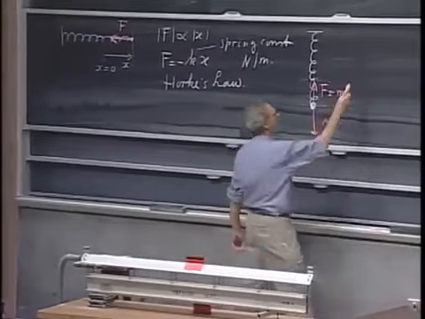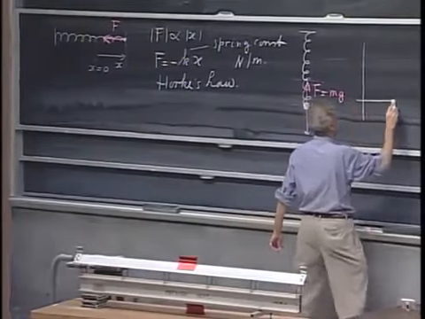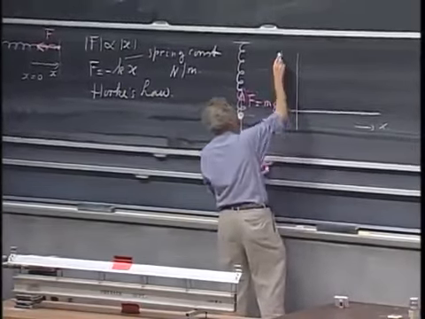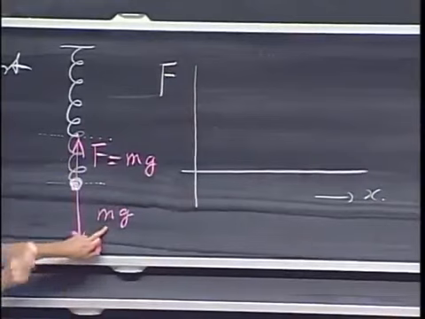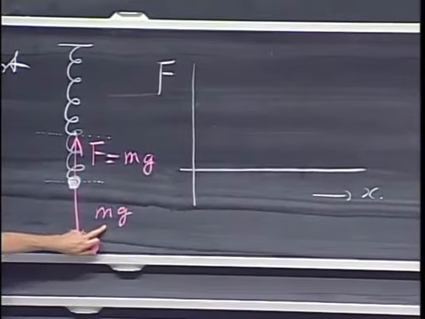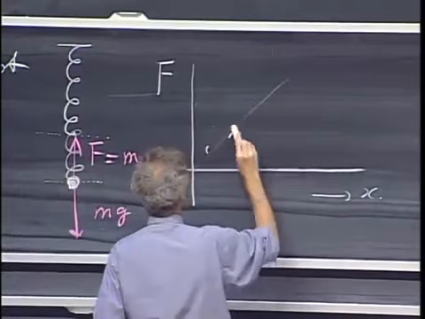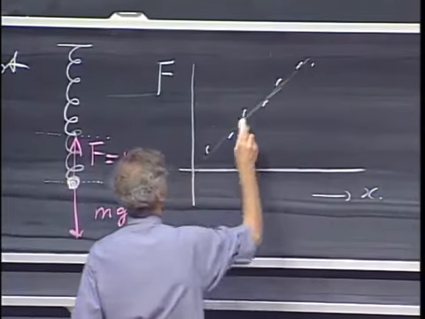And so I could now make a plot whereby I could have here x, and I could have here this force F, which I know because I know the masses. I can change the masses. I can go through a whole lot of them. And you will see data points which scatter around a straight line.